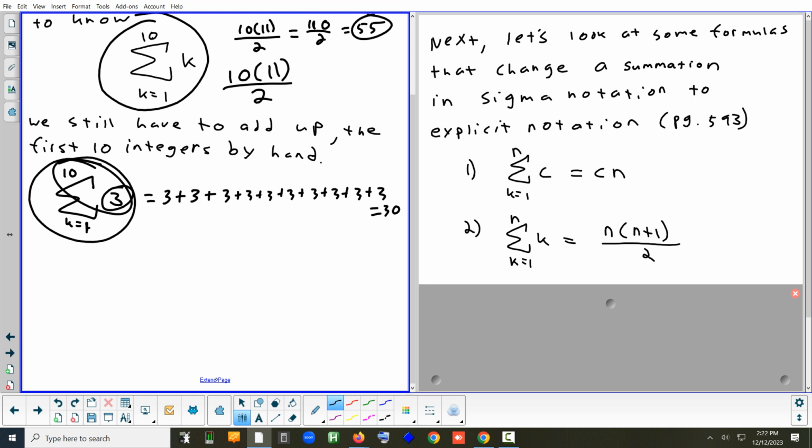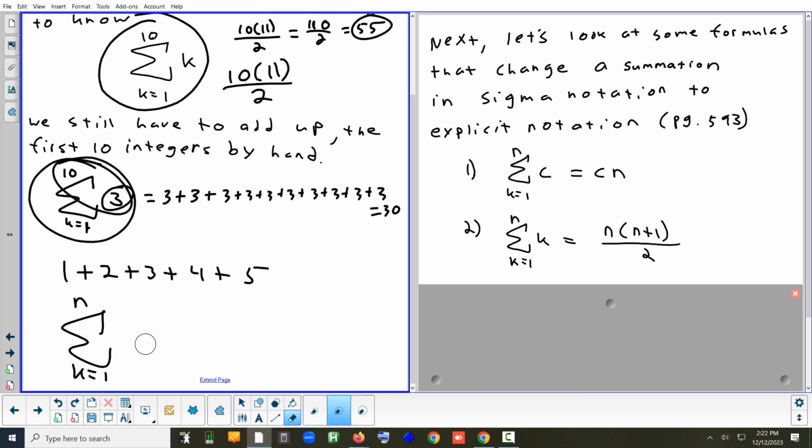Okay. What do you get if you add up the first 5 numbers? So that's doing this. And we're stopping at 5.